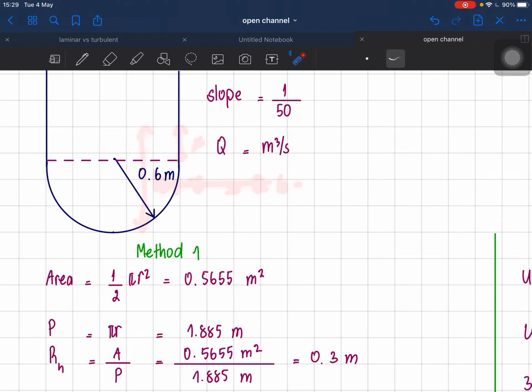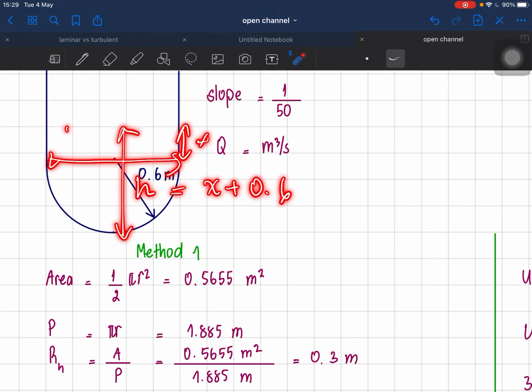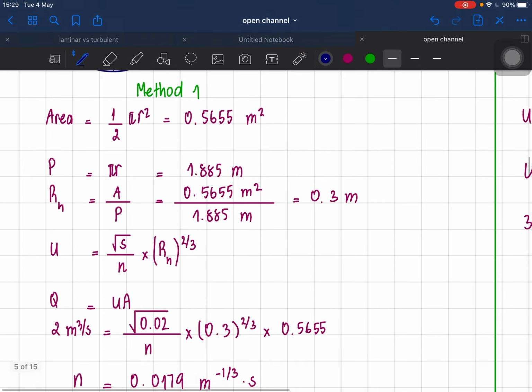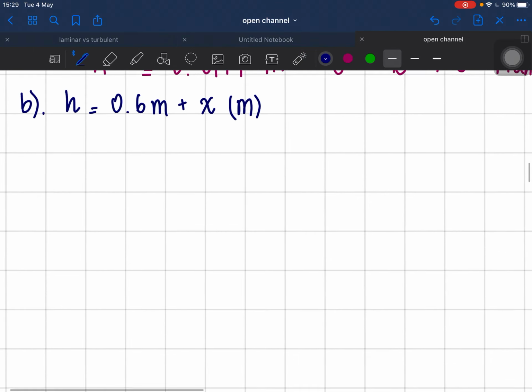This here is h equal to x plus 0.6. And this is 2 times 0.6, which is equal to 1.2. Okay? Yeah, so you guys are smart. You get everything else.